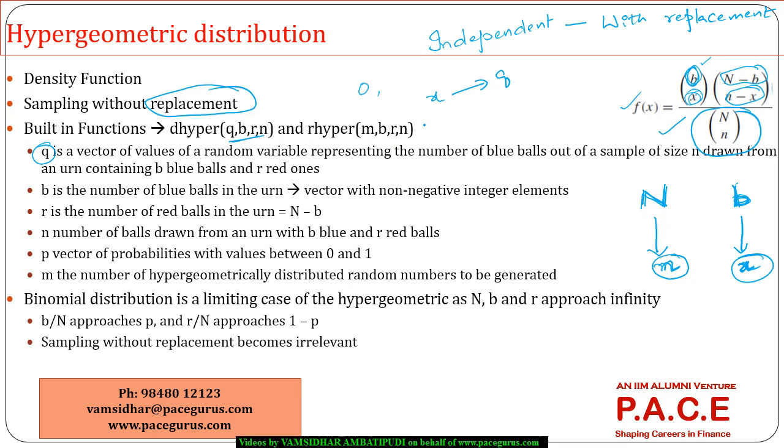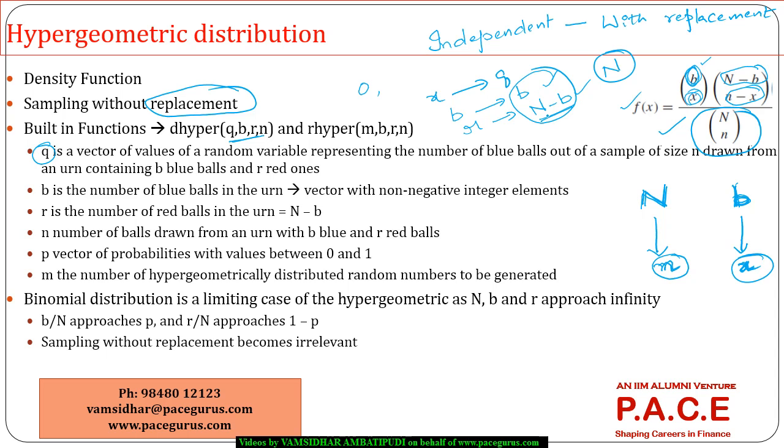Then b is similar to the b here, the number of successes. R is the number of failures, which is n minus b. Wherever I give r, it is n minus b, which means I don't need to give n at all. Once I give my b and n minus b, that constitutes the overall population size.